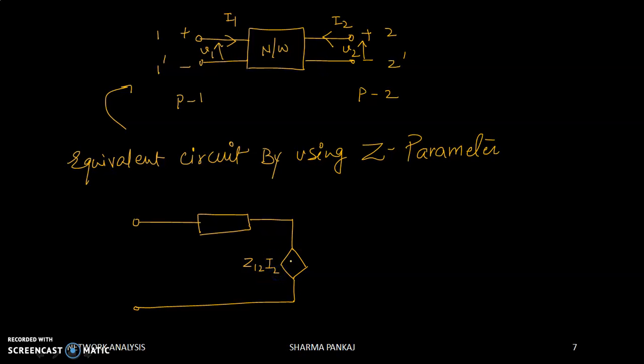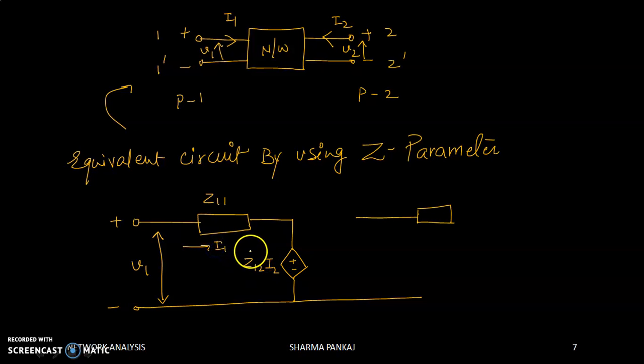This is Z11, and V1 is defined here. This is current I1 flowing inward.